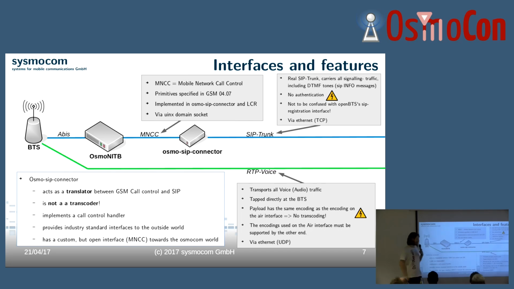In this particular setup, we have a SIP trunk, so that might lead to some confusion if you configure it wrongly at your PBX software. You have to configure a SIP-trunk interface at the PBX and route your numbers then. By the way, the authentication still stays at the NITB. So in terms of authentication, that still happens here. It's still the classic interface with the HLR and stuff.